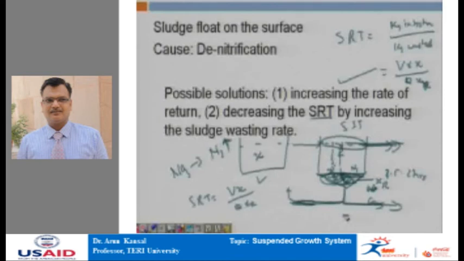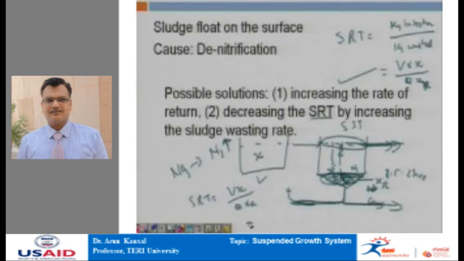By reducing the SRT, we are not allowing the solids or organisms to remain in the system for a long time, that is, less SRT means less time for the organisms to stay in the system. Less time means they will not get nitrified, because if you recall, while discussing the trickling filter, I had mentioned that nitrifiers have a very large generation time, so they require the solids to remain in the system for a longer time.